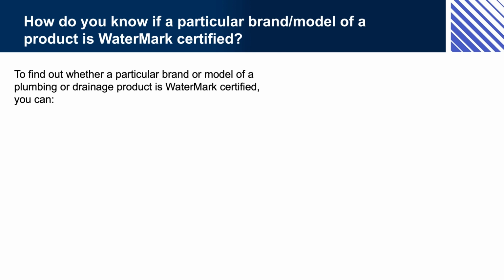So, whether a particular tap, hose, pipe, or other fitting that requires WaterMark certification is actually and currently WaterMark certified. Only products with WaterMark certification are legally authorised to use the WaterMark trademark.